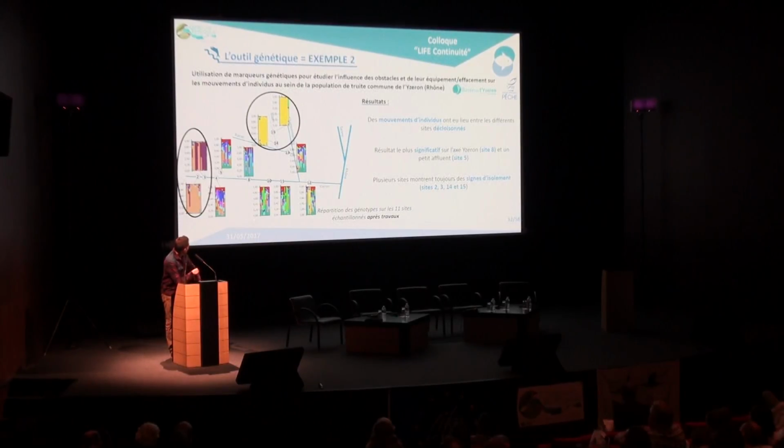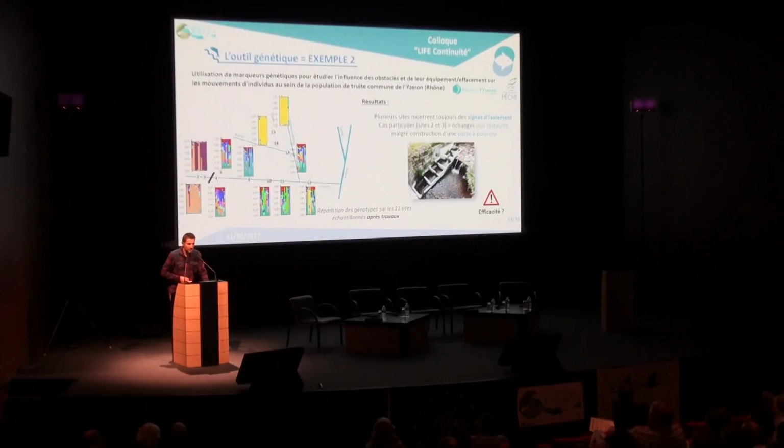between the two areas, so significant results on the 8 and 5, a restoration of the communication between the populations, and we have a few isolated sites in the black circles. Population 3 upstream in comparison to population 4, and a fish path was built with a problem of efficiency.